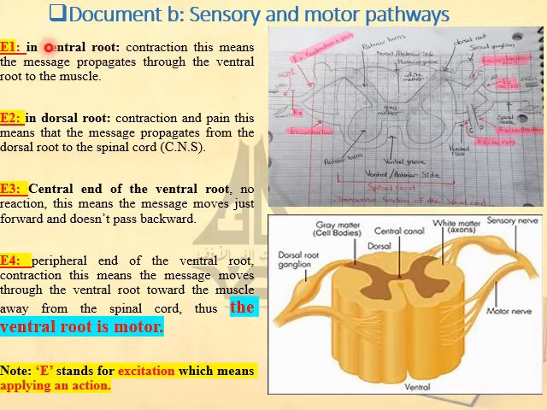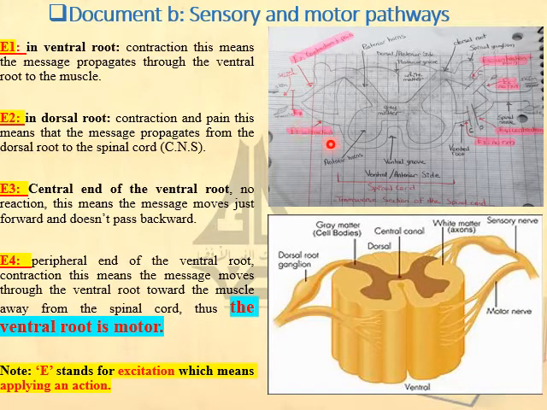Applying an excitation in the ventral root leads to contraction. This means that the message propagates through the ventral root to the muscle in order to allow contraction. So can we say that the ventral root is related to the effector organs or the motor organs which are responsible for movement?